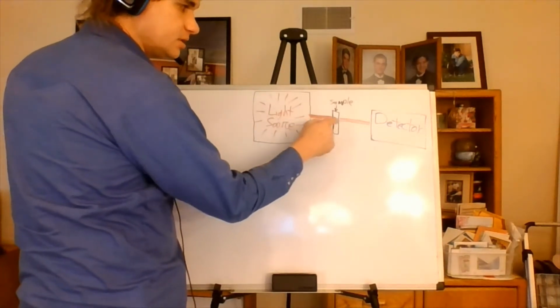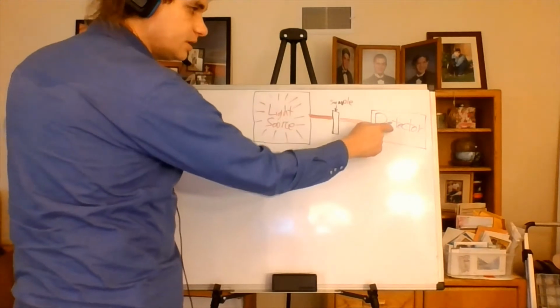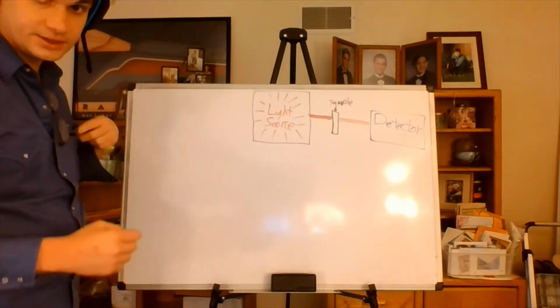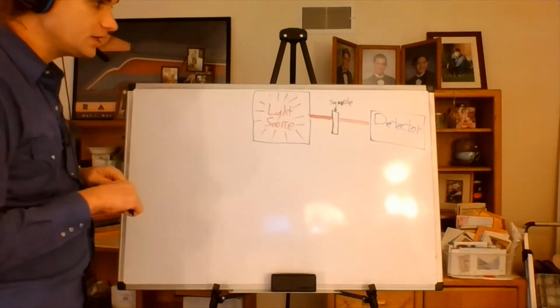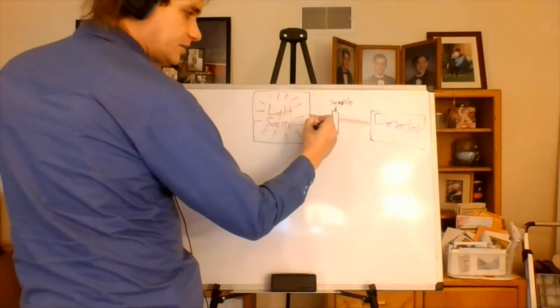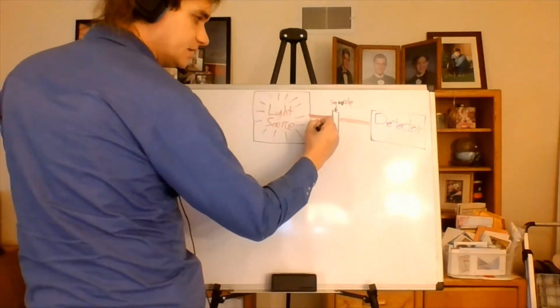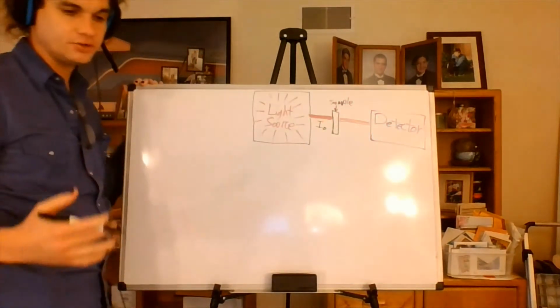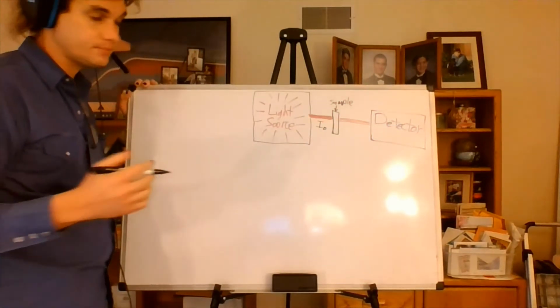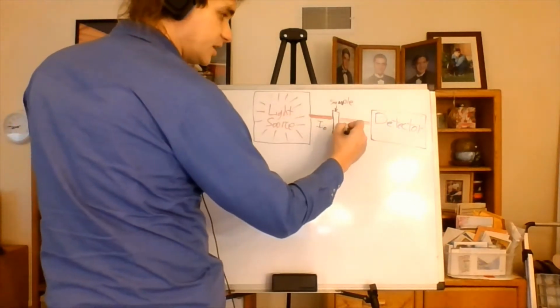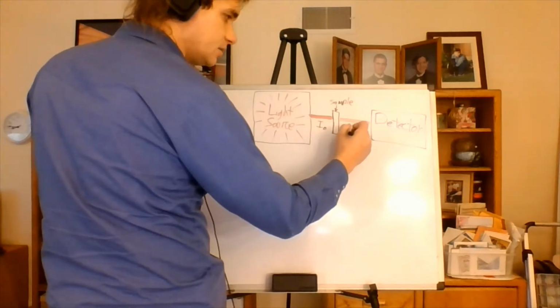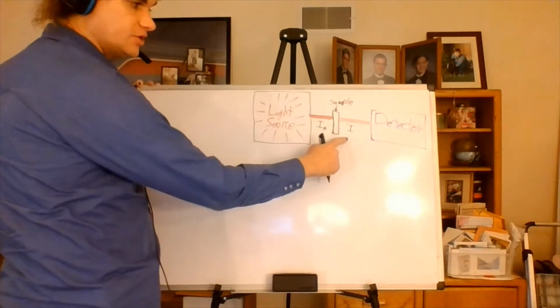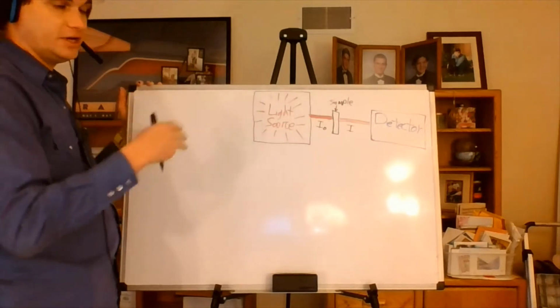And some light goes in, some light comes out, and the light that comes out gets to the detector. Now, the light that goes in has a certain intensity. Intensity is measured in units of energy. The light that comes out has a new intensity, which is presumably lower than the light that went in.